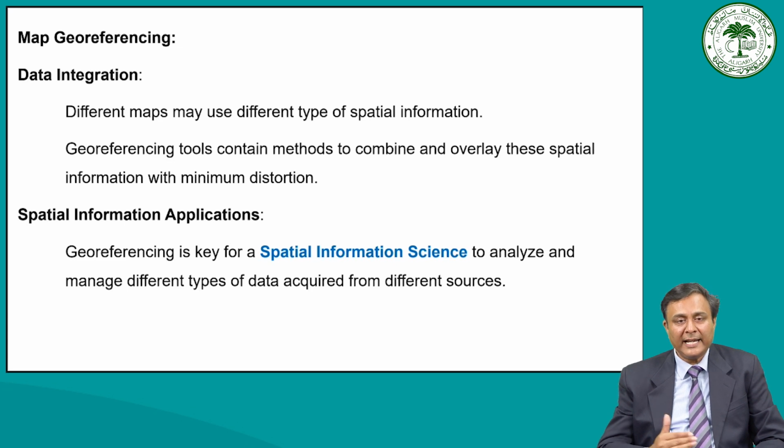And we can also relate different phenomena of that geographic space by adding just this space dimension into our spatial information. The applications are enormous, and georeferencing is key for spatial information science to analyze and manage different types of data acquired from different sources.